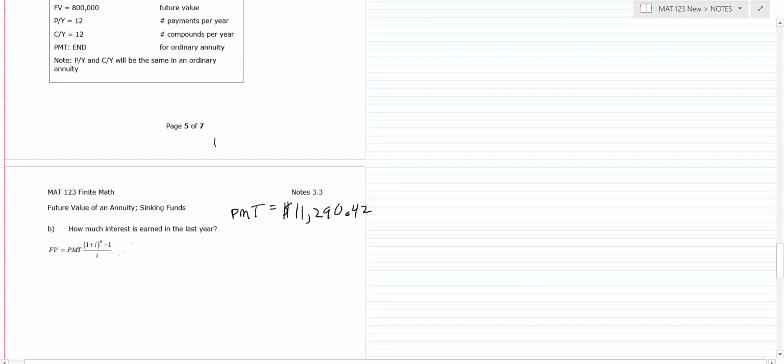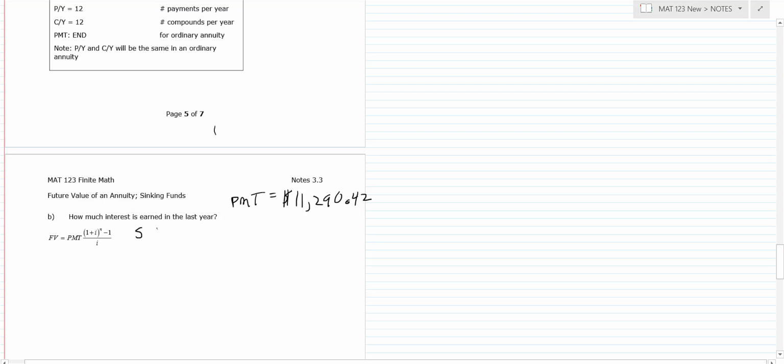You have to do 2 things. Remember this was for 5 years, you're saving in an annuity for 5 years. So what you have to do is get the total interest. It's good to write this down in words: total interest for 5 years, for all 5 years.